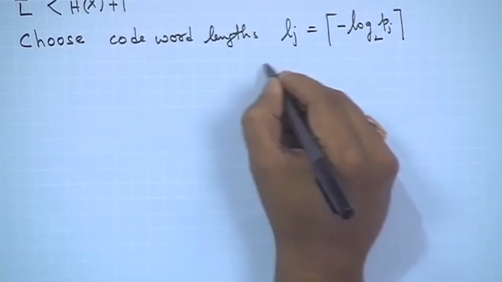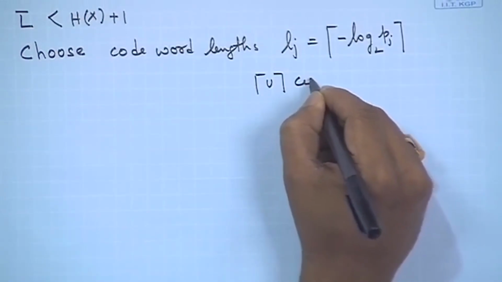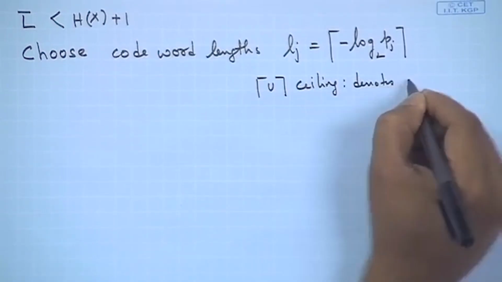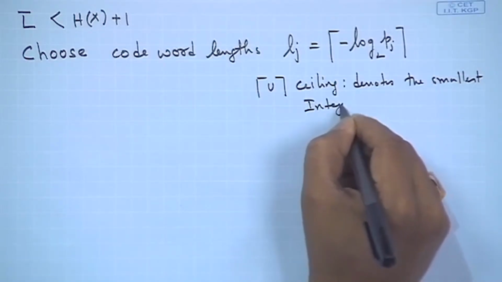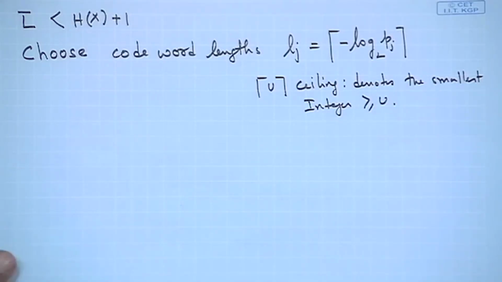Where the ceiling function denotes the smallest integer greater than or equal to u, that is well known.